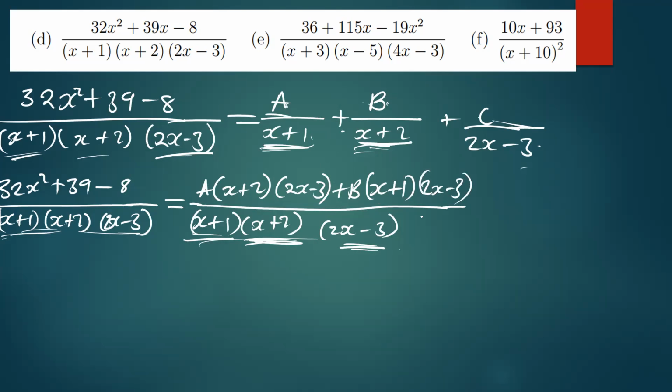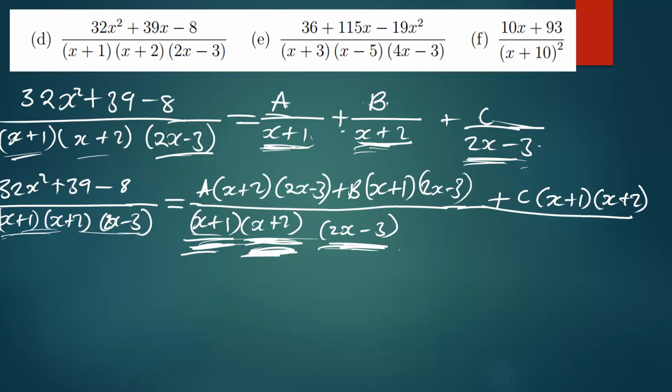So from there, we also move on to C. So we say plus this expression into that expression, it means that we're canceling out this part and that part. Whatever you remain with is what you're multiplying with C. So we remain with x plus 1 and x plus 2 there.